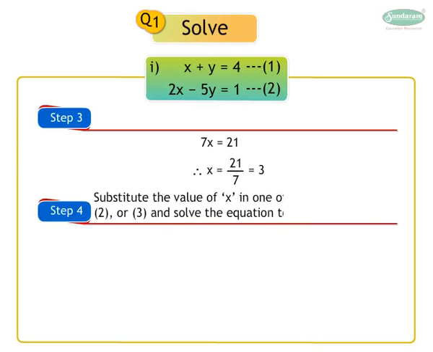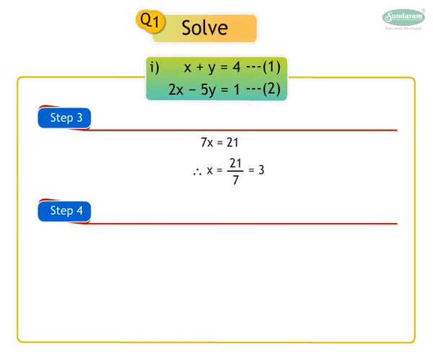We now substitute the value of x in one of the equations 1, 2 or 3 and solve the equation to get the value of y. Now students, choose an equation which is easy to solve. Equation 1 is the easiest, so we substitute x equal to 3 to find the value of y.